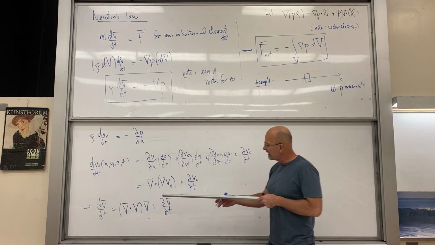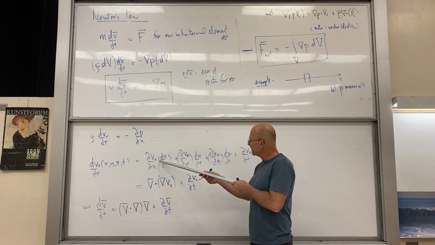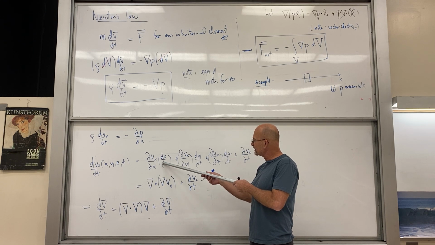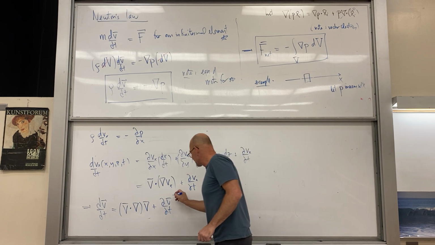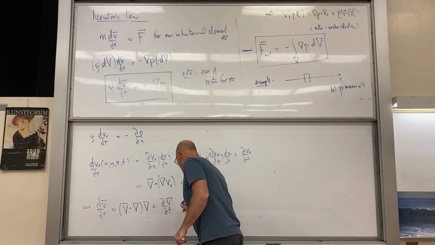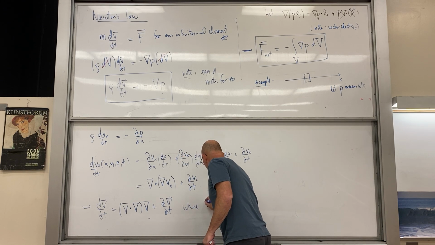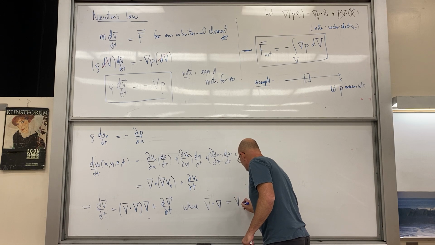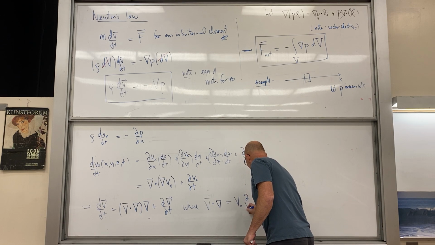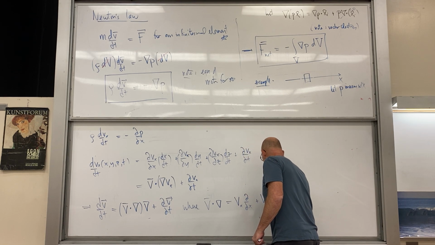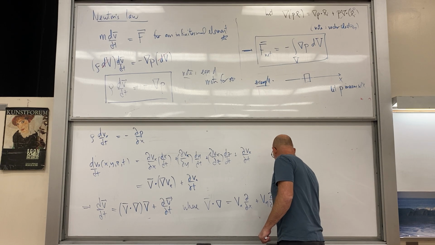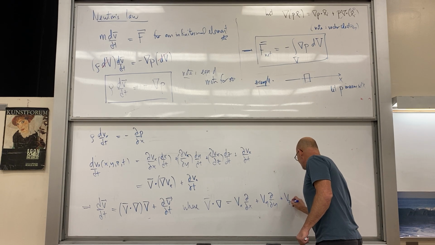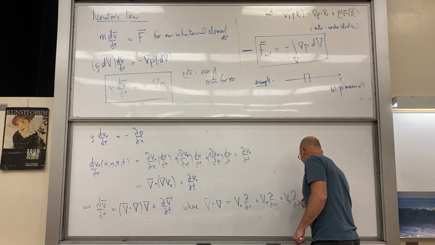Okay. When I say V dot gradient, it's V dot d/dx. So this one you may not have seen before, where V dot gradient is this operation, vx d/dx plus vy d/dy plus vz d/dz.